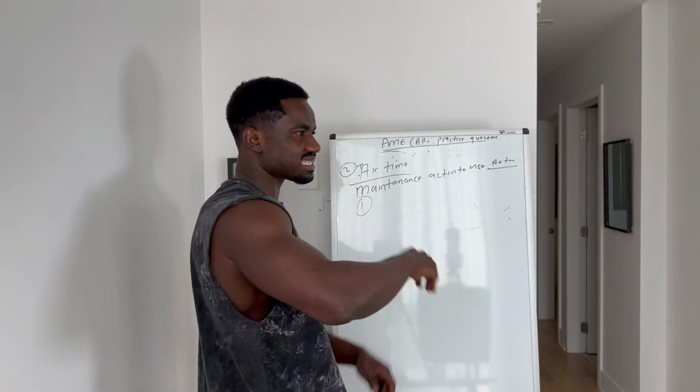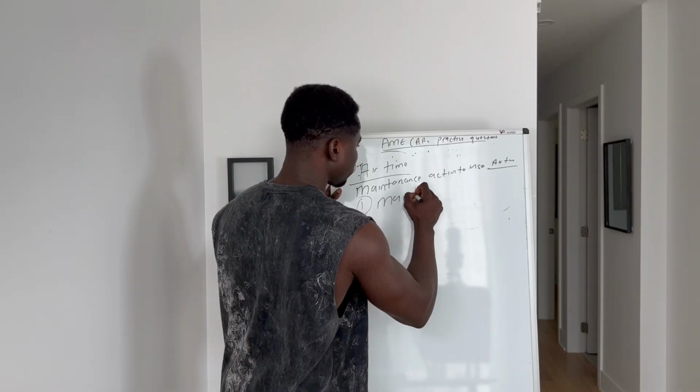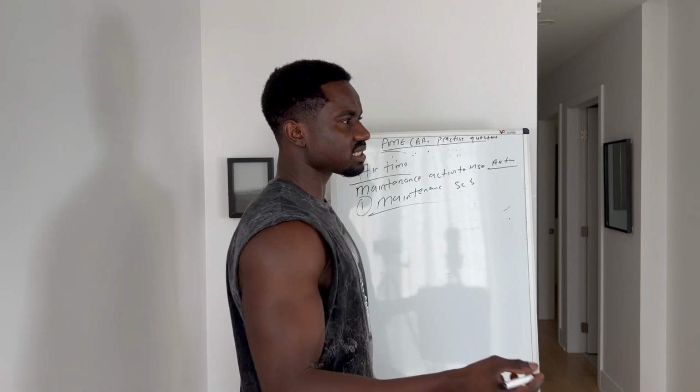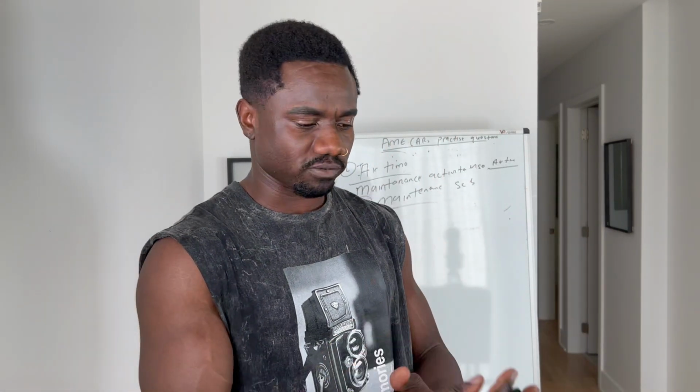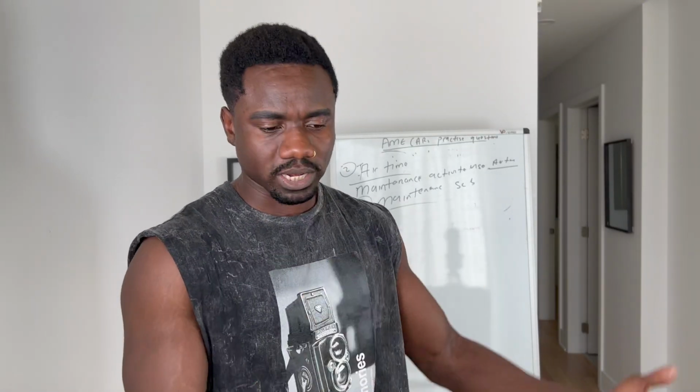So there's something they call a maintenance schedule. I'm sorry guys that I'm jumping all over, right? A maintenance schedule is a schedule that is given by the manufacturer of a specific aircraft. So let's say for the 787, it's a Boeing aircraft.